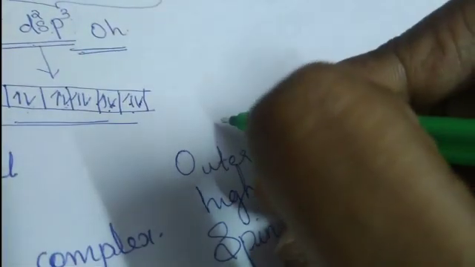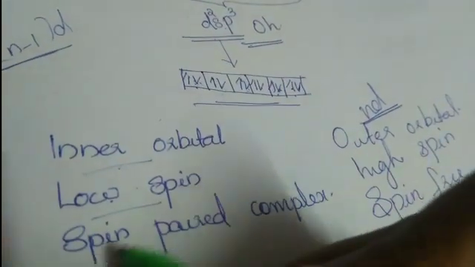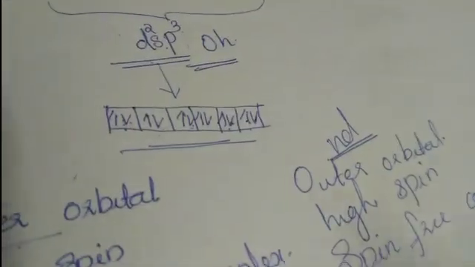Okay, this is in the case of outer orbital. If we use the inner orbital, it will be inner orbital, low spin or spin paired complex.